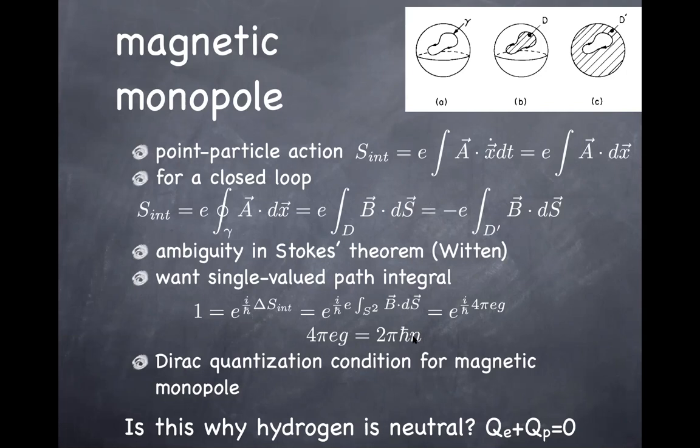I didn't have this h bar on a previous slide. But anyway, this is the same condition we talked about on a previous slide, namely that the area integral of the magnetic field, which is the first Chern class in the language of fiber bundles, has to be an integer. And this is the way you can actually derive the result based on this very simple consideration. And it's a beautiful argument by Edward Witten.